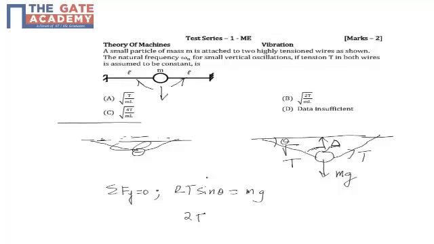As it is, 2T sine theta balances mg, but if you pull it downwards by a small amount, mg remains constant because that's the weight, T also remains constant, but as you pull downward, theta increases, and therefore sine theta will increase because it's in the 0 to 90 range. So the vertical force increases, and when you leave it, the restoring force, 2T sine theta, is more than mg, and it brings it back.